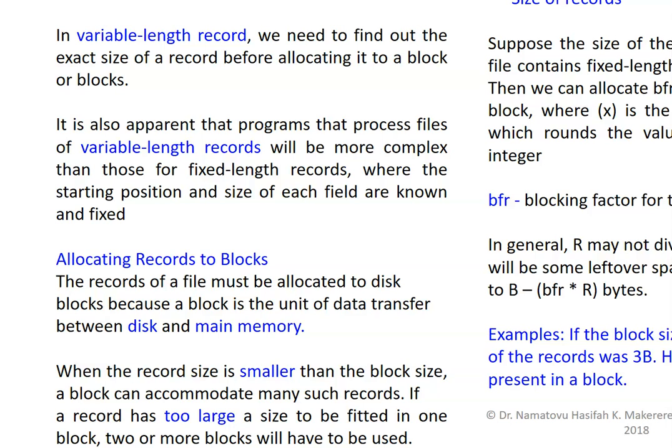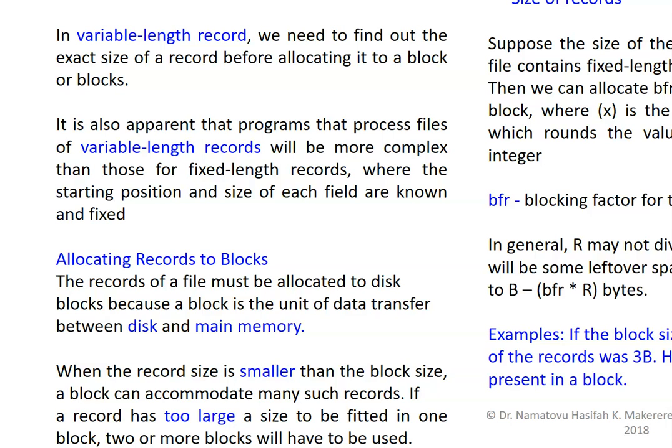So essentially, that's what I'm trying to explain: the records of a file must be allocated to the disk blocks, because the actual block itself is the one that has the data.